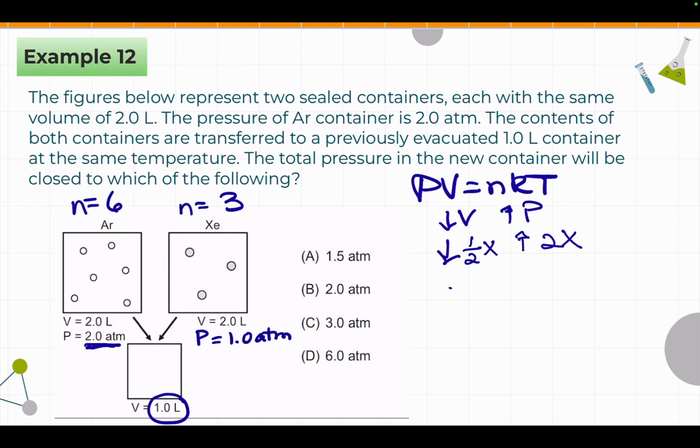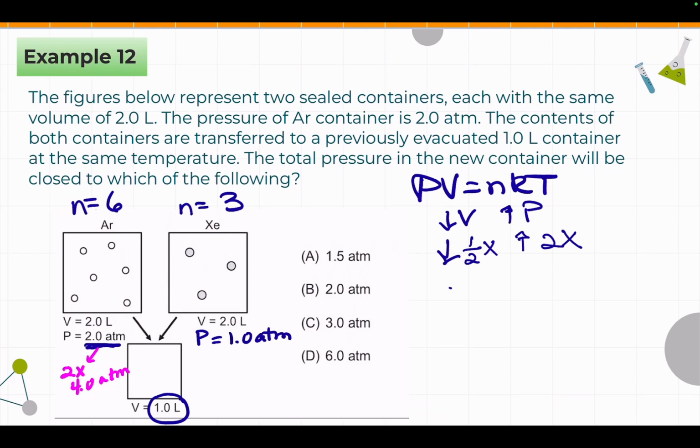So what I'm going to do is write down my new pressure. 2 times this, once it gets into the 1 liter container, would be 4 ATM for the argon. And because I have half the size of the container, there's going to be a much higher pressure because there's going to be more collisions with the side of the container.